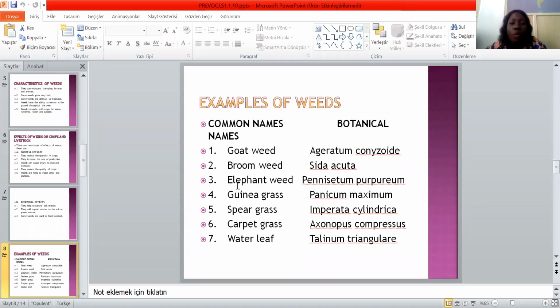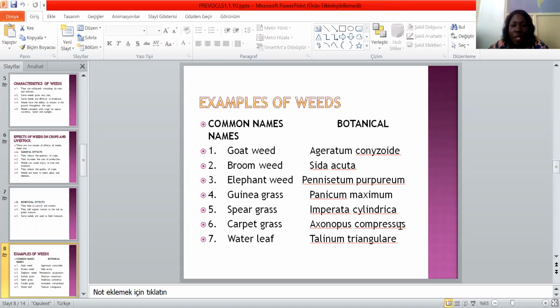Then number two is called broomweed. The botanical name is Sida acuta. Number three, elephant weed. The botanical name is called Pennisetum purpureum. Number four, guinea grass. Botanical name is Panicum maximum. Number five, spear grass.